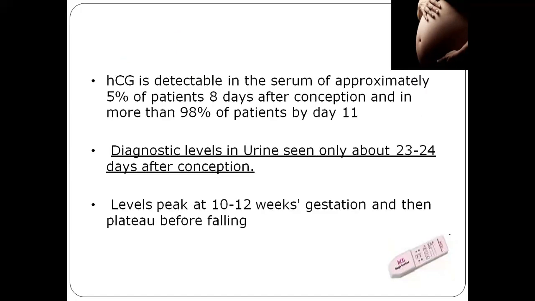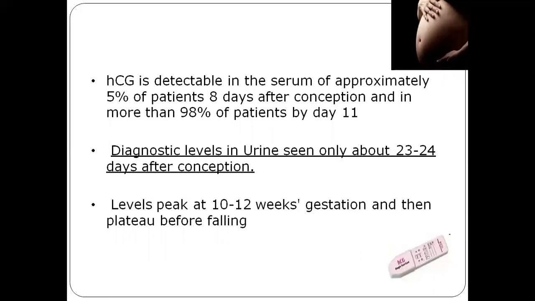And this is detectable not only through urine, even the HCG will be present in the blood. That is, serum examination can also be done, and here just 8 days after the conception this can be done. And if diagnostic level in urine, it can be seen only after 23 or 24 days.